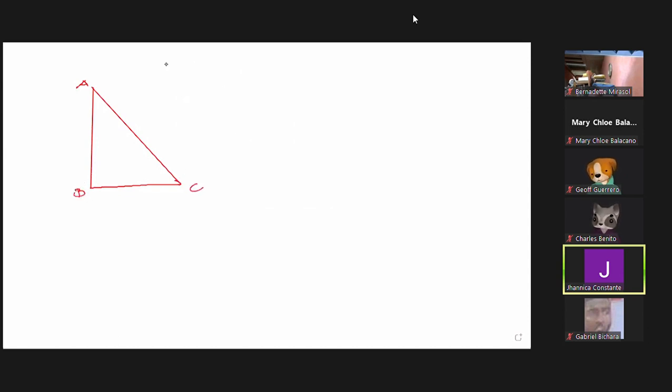And we have this triangle. Okay, so for example, we have these two triangles, triangle ABC and triangle MNO.